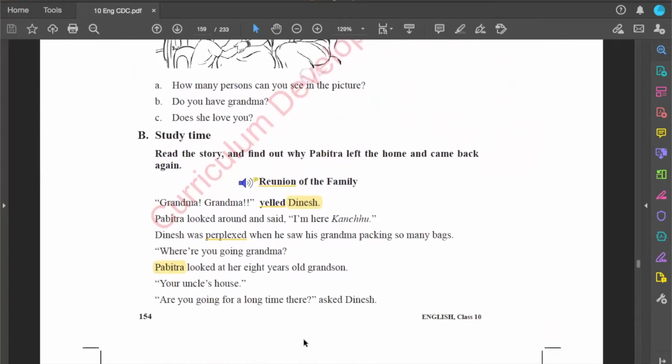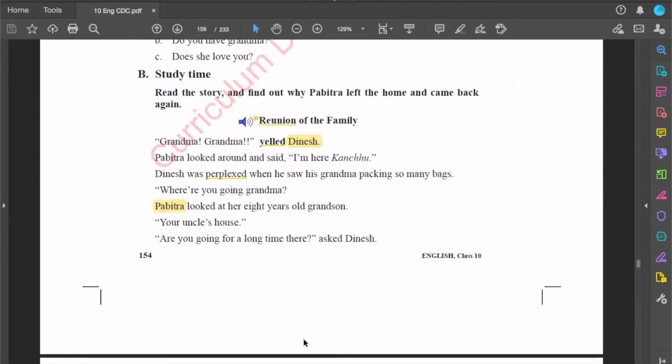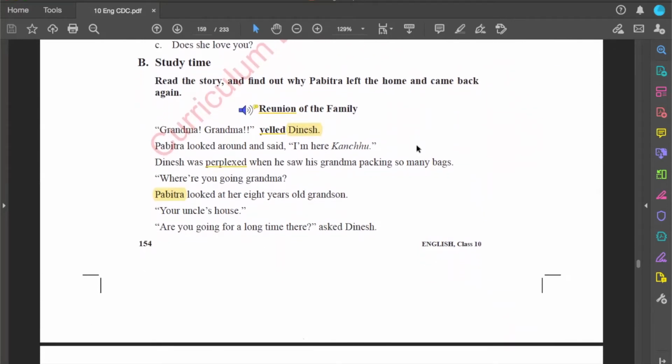Here I have underlined and highlighted some words, and you can see this symbol is the recorded voice. So let us see what is there in the story. B, study time. Read the story and find out why Pavitra left her home and came back again, and what made her come back.